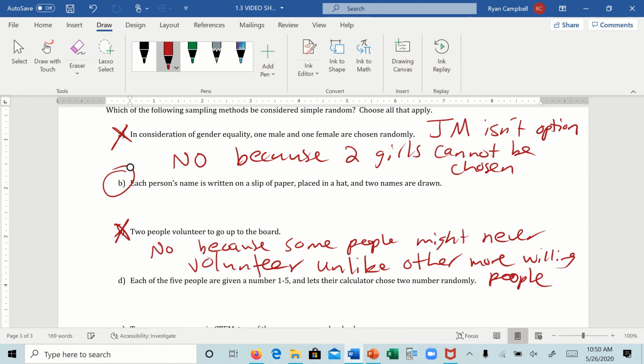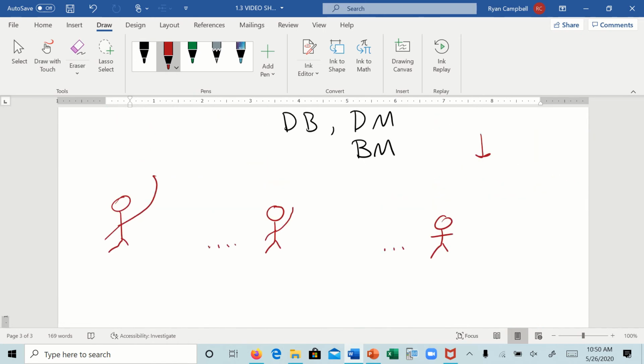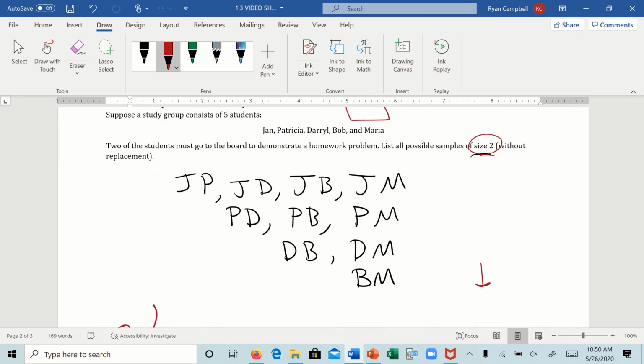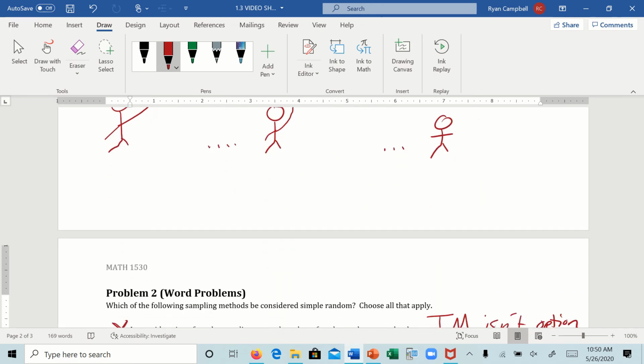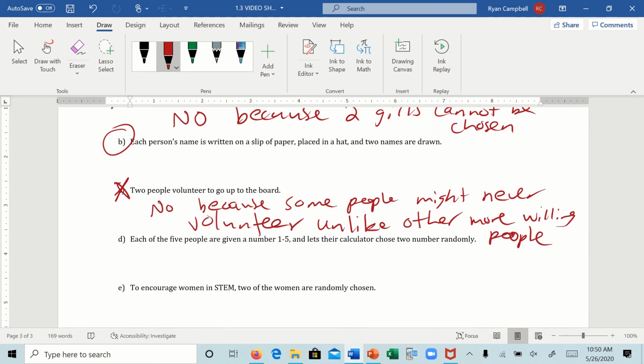But either way, it's not the same probability, right? If Bob will never raise his hand, but Jan and Patricia are cool to eventually go up to the board, then Daryl and Bob don't have the same chance of going up to the board as Jan and Patricia, right? So not the same chance, so not simple random.